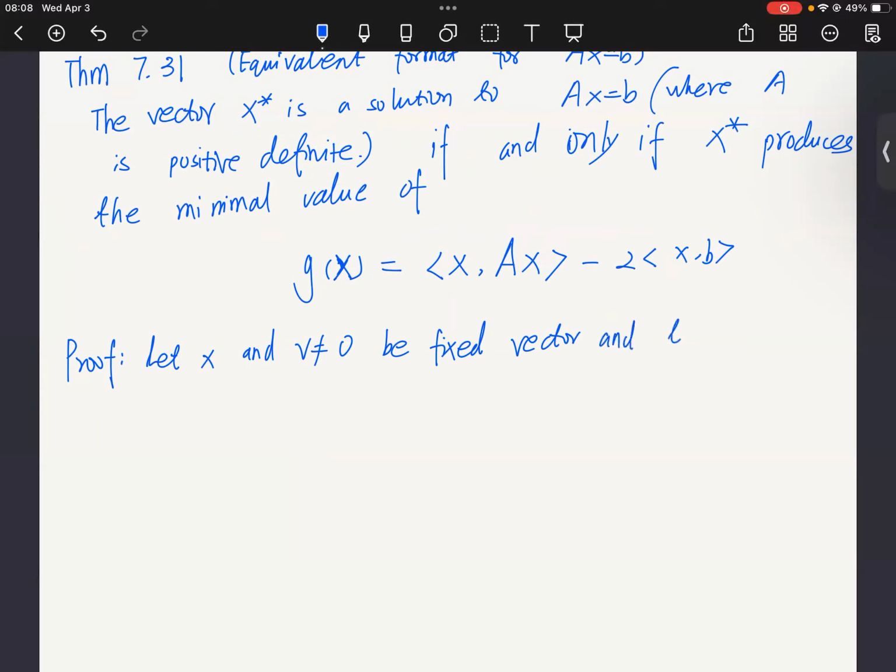We have a t, which is a real number variable. Let's calculate this function g(x plus tv).